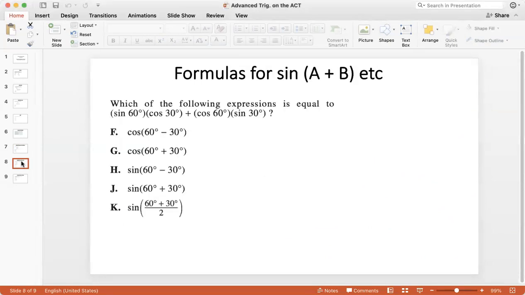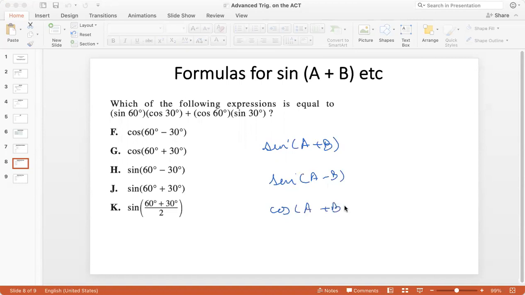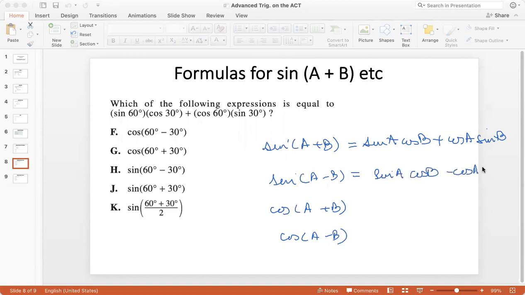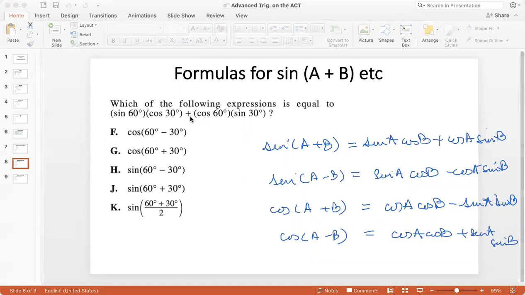Okay, then you need to remember the formulas for sine A plus B, sine A minus B, cos A plus B, and cos A minus B. Sine A plus B is sine A cos B plus cos A sine B. Sine A minus B is sine A cos B minus cos A sine B. Cos A plus B is cos A cos B minus sine A sine B. And cos A minus B is cos A cos B plus sine A sine B. So here you were asked sine A cos B plus cos A sine B. So that would simply be sine of A plus B, which is sine 60 plus 30.